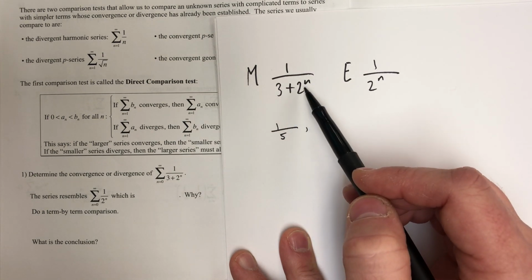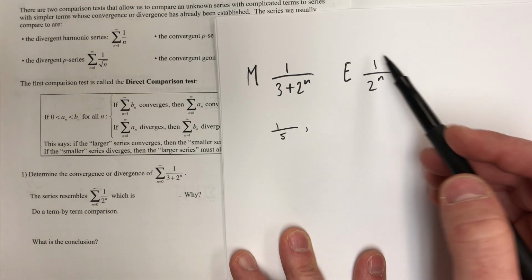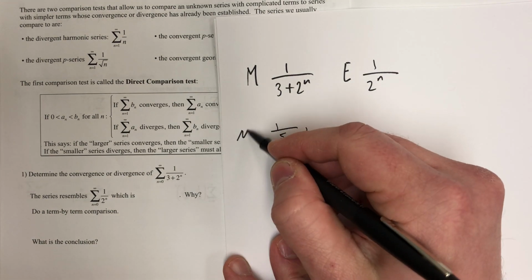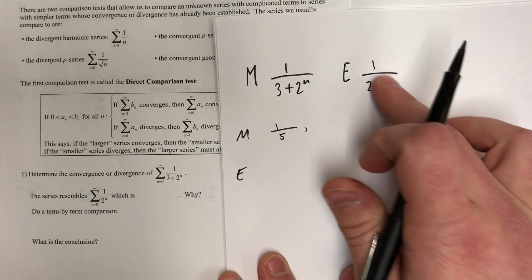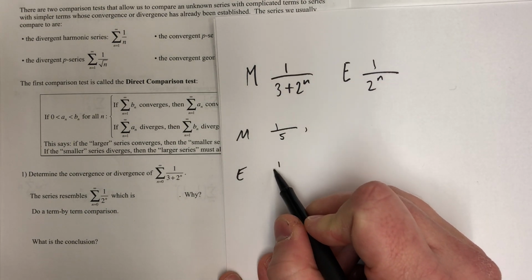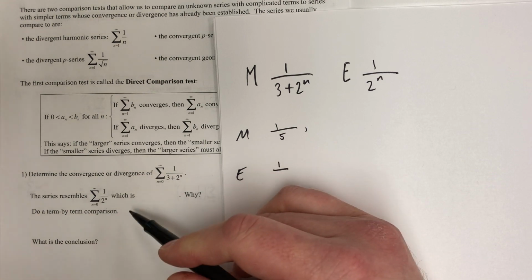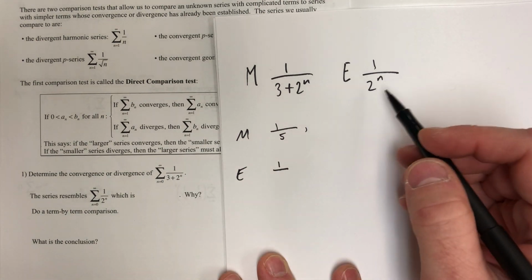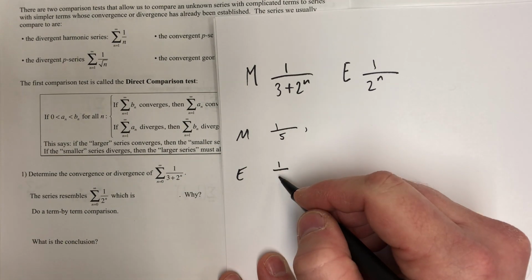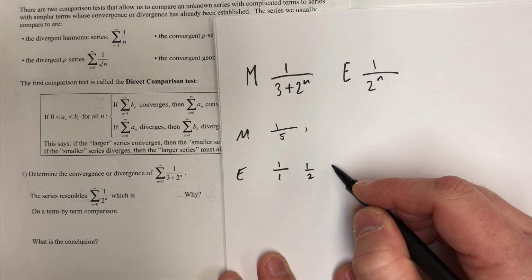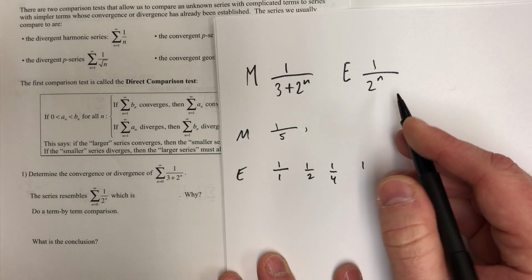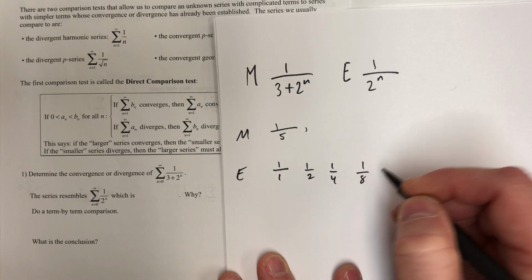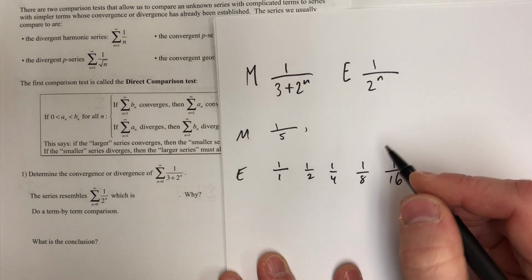We get 1 over 5, then, so what is this? You know what, I should do E first. E is going to be easier because I'm not dealing with the plus 3, and then calculating M will be easy. So 1 over 2 to the n, oh, it starts at n equals 0 on this. So let me start with n equals 0. That's 1 over 1, then 1 over 2, then 1 over 2 squared is 4, then 2 to the third is 8, 16, etc., right?